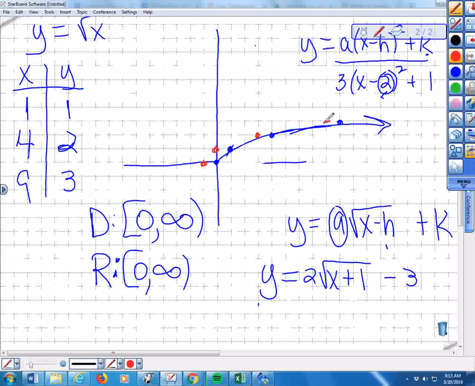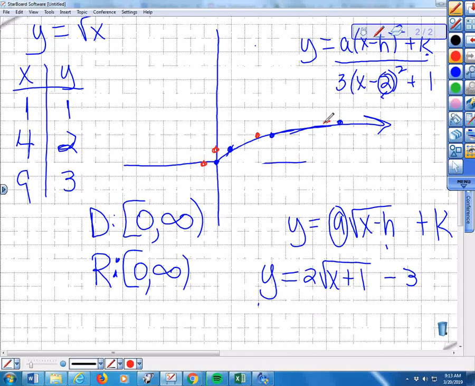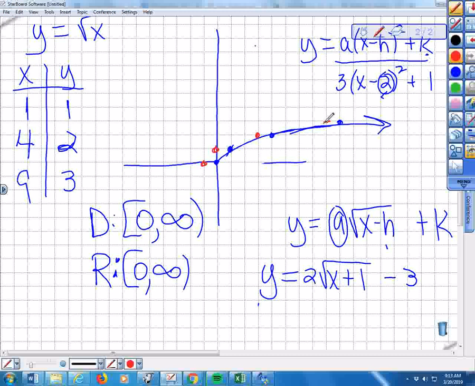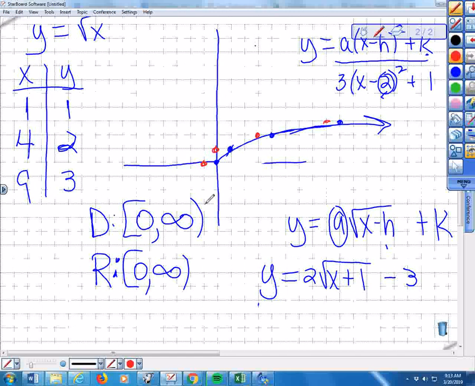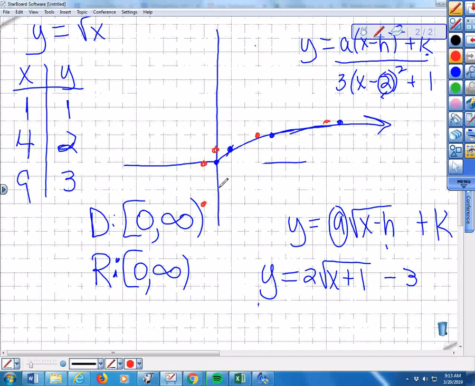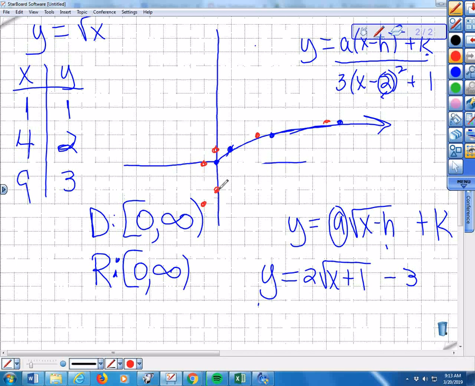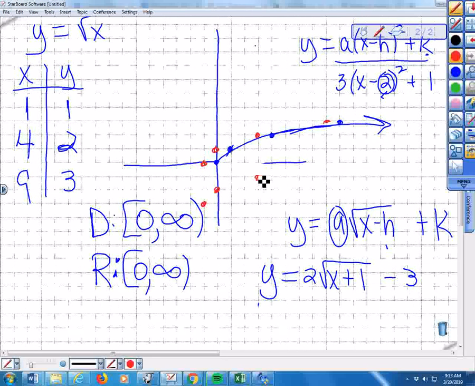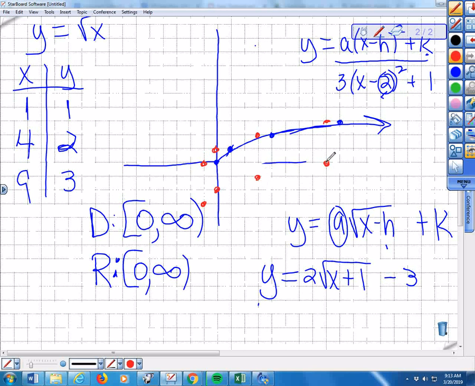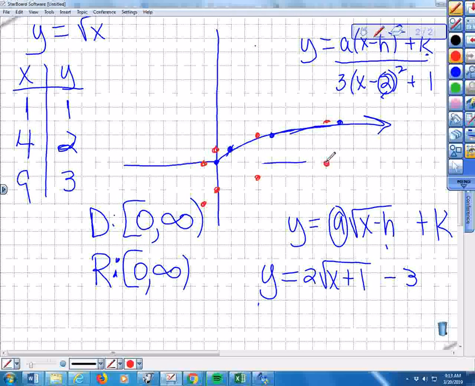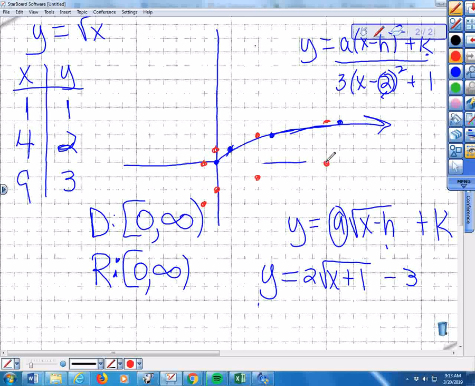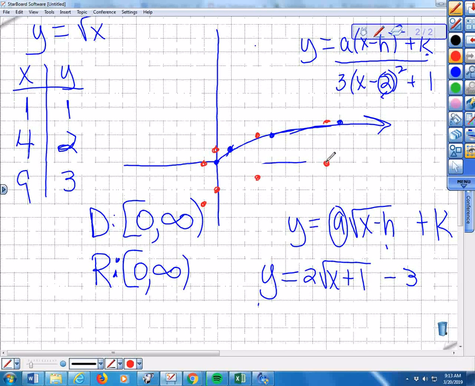Shifted left 1 because it's plus 1. It shifts every point down 3. 1, 2, 3. 1, 2, 3. 1, 2, 3. Okay? And then that 2 means whatever my y value is, it's going to be magnified by a factor of 2.